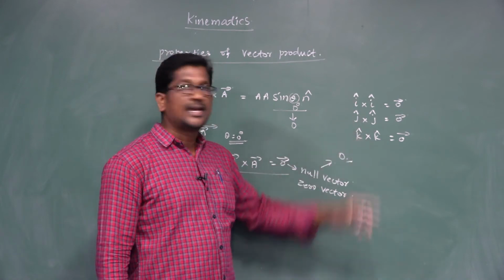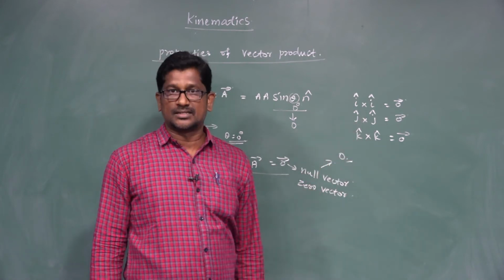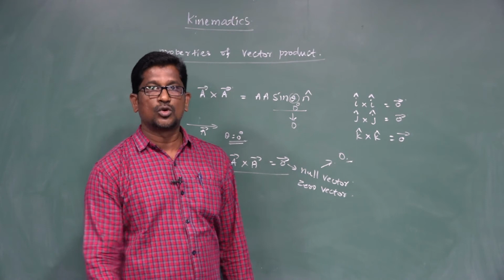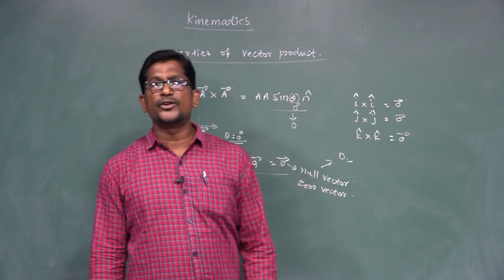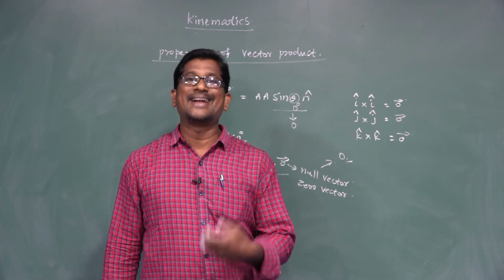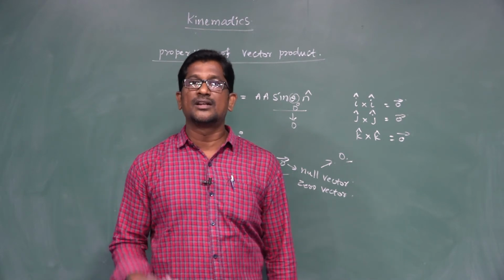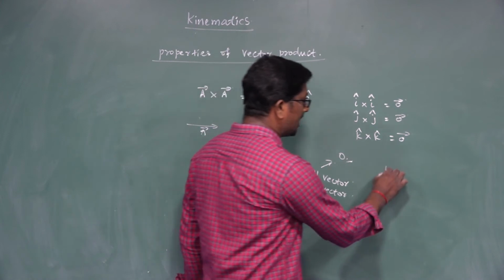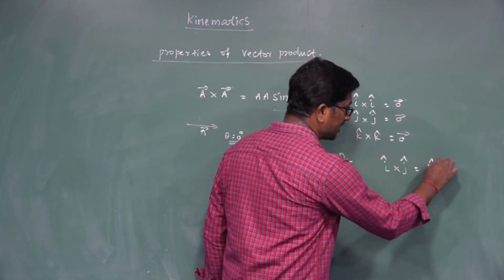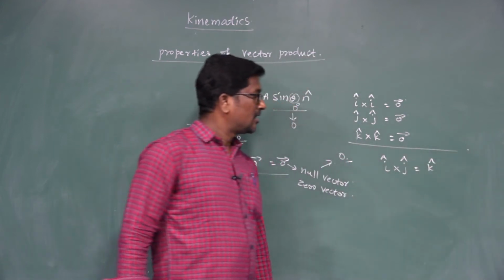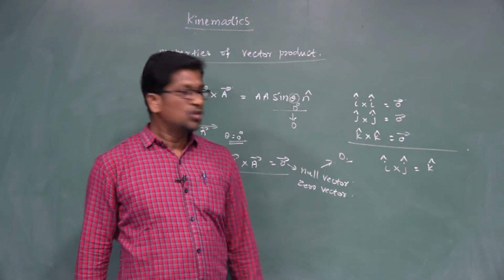What are i, j, k? These three are orthogonal unit vectors. In the case of orthogonal unit vectors, according to the right hand thumb rule or right hand screw rule, i vector cross j vector is equal to k vector. That is, i cap cross j cap is equal to k cap.